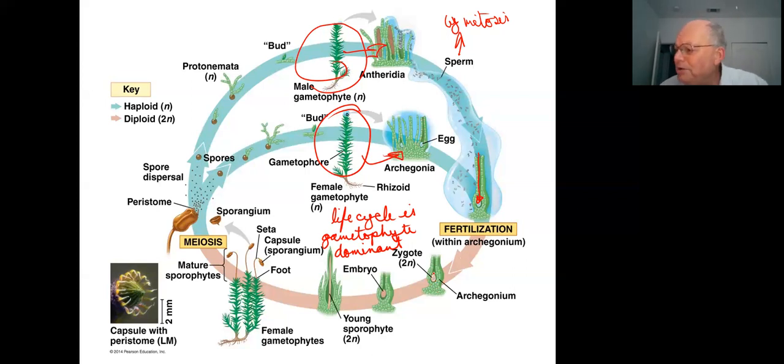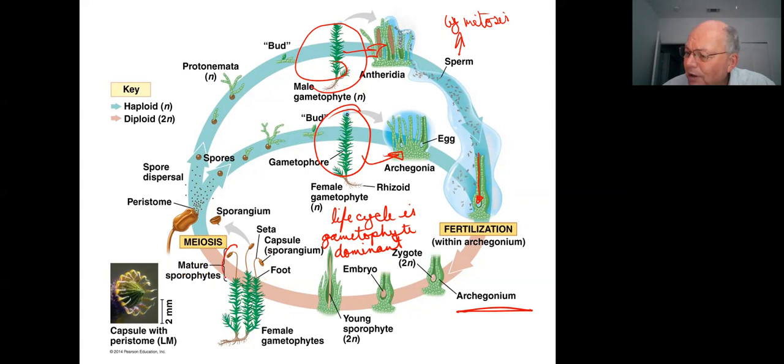zygote. The zygote now starts to grow inside the archegonium, giving rise to the embryo and ultimately the sporophyte, which emerges in the case of the vast majority of mosses as a thing called a seta with a capsule. This is the sporophyte.